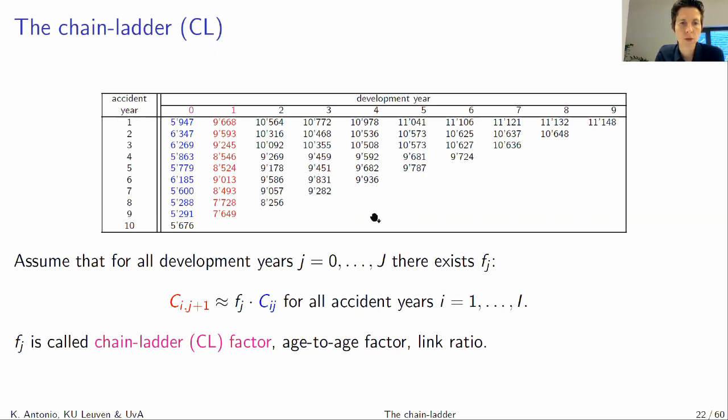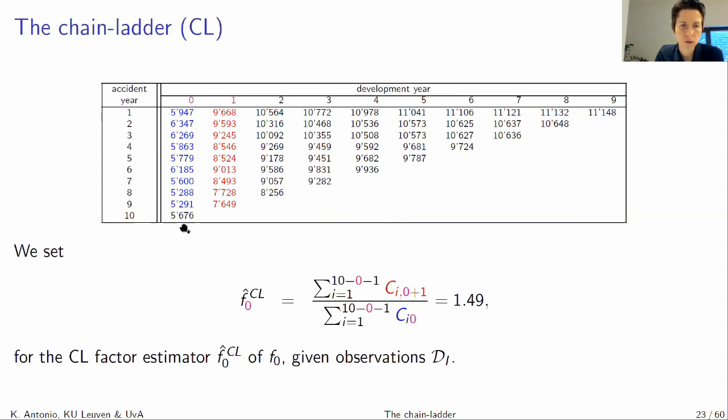So how does that work? First of all, let us calculate the factor F_0, which shows me how to go, in expected value, from the numbers in the first development year to the numbers in the next development year. How do I get this F_0 in my chain ladder method? I sum the cells in red, and I divide them by the sum of the cells in blue. Mathematically, of course, I have to be aware of my indices, but that's what I do.